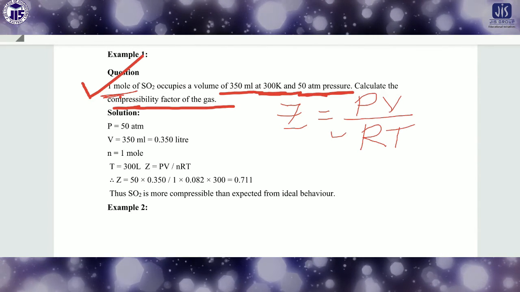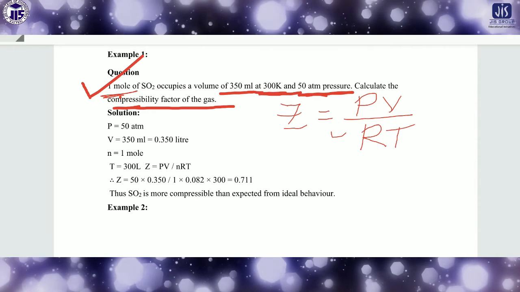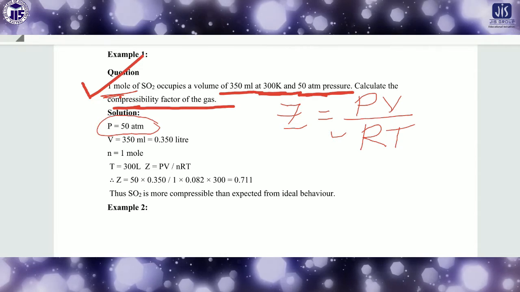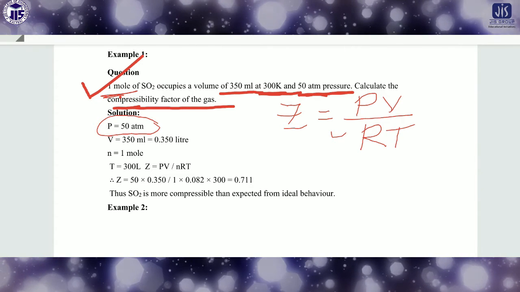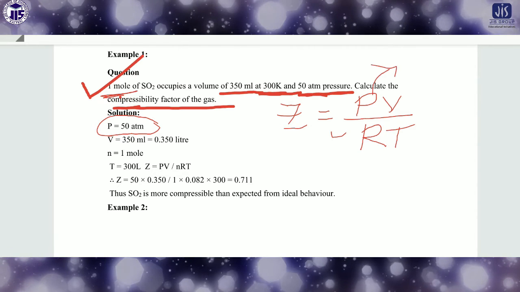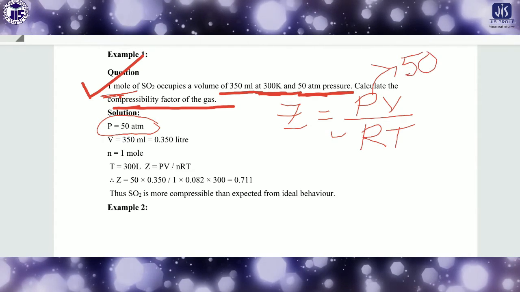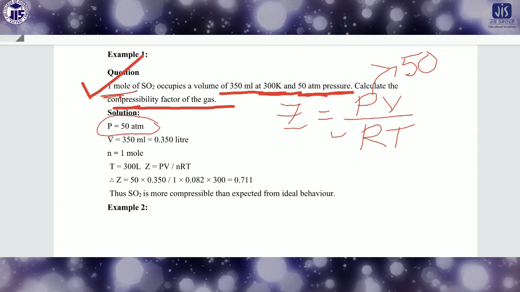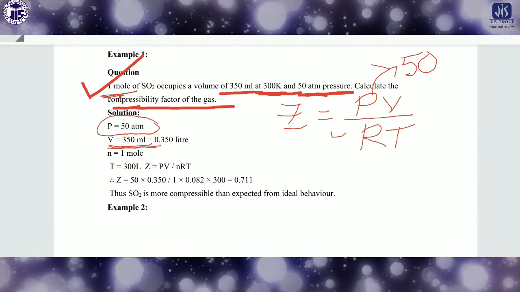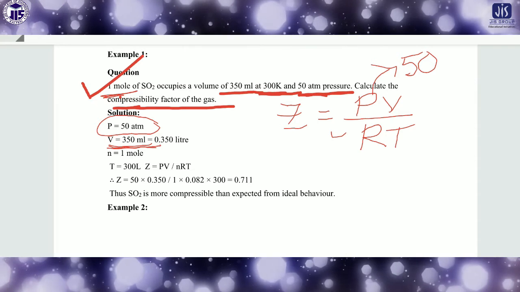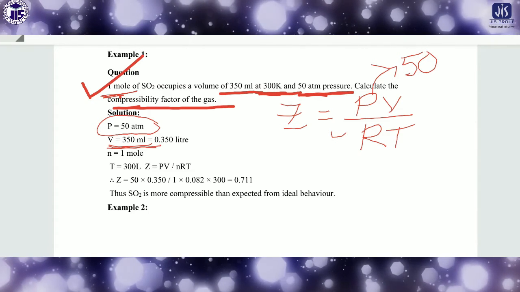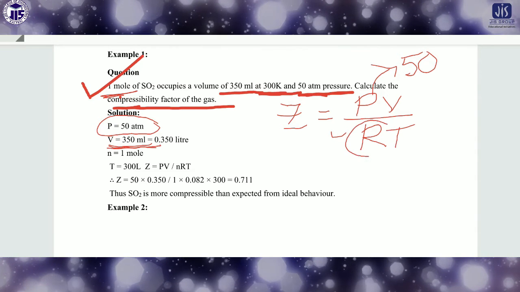Now P is equal to 50 atmosphere, so the value of P will be 50. V is equal to 350 ml, but when we are calculating in liter atmosphere, we have to take the value in liter, not ml, because we have to put the value of R in liter atmosphere.